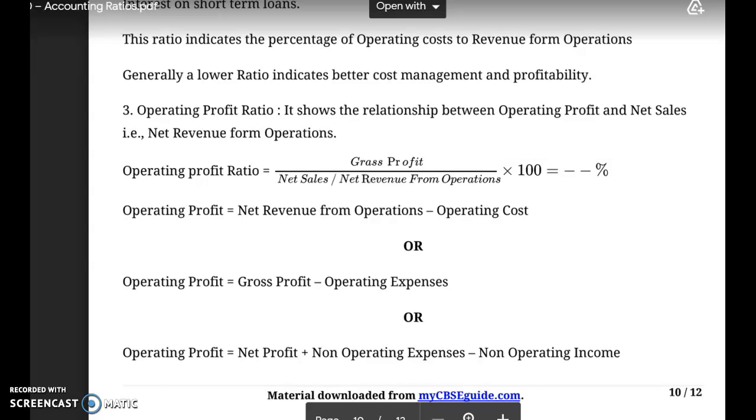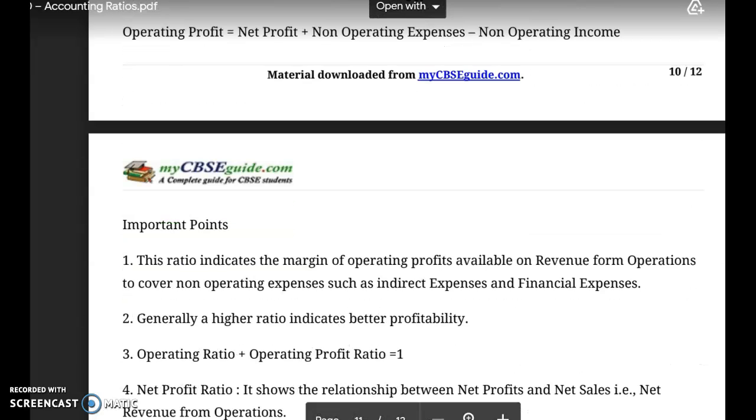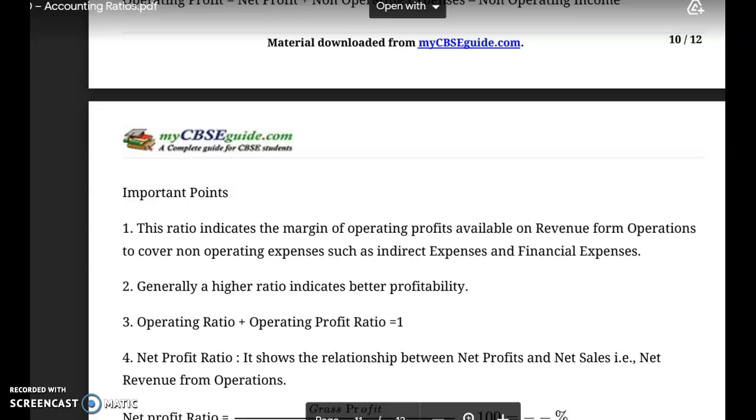And when this operating profit is divided by the net sales or net revenue from operations, the result will be the operating profit ratio. Understand that the operating ratio as well as the operating profit ratio both total 1, because operating ratio is an expense ratio and operating profit is a profit ratio. So the combination of both is 1, that is 100.